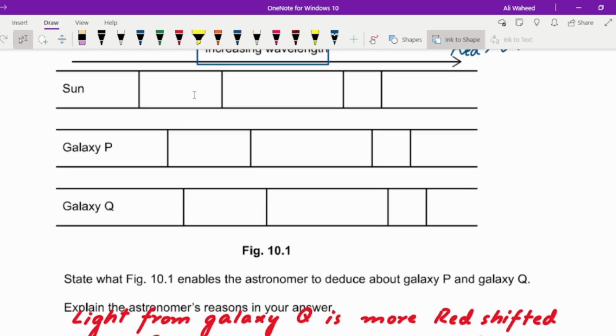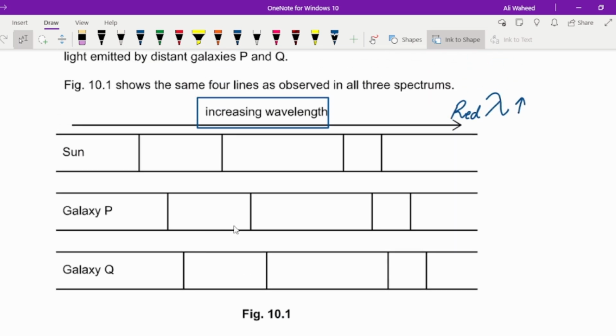So this is what we study in theory, that if a galaxy is away from us, the light would be redshifted, and it will be moving away from us. But if a galaxy is even further than the previous one, this galaxy would be receding, meaning moving away, even faster than the previous one.